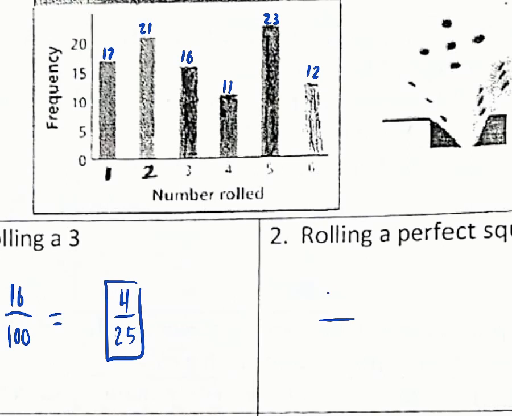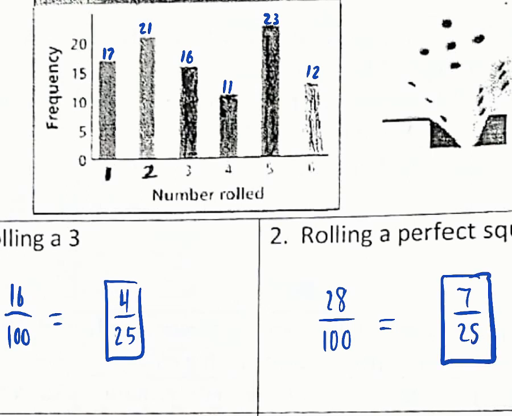So there's 28 perfect squares out of 100. So once again, it's either 28%, if you like that, or if it's a fraction that we reduce, that's 7 over 25. What percentage is it? It'd be 28%. You see how it's over 100? It's exactly that, because percent is out of 100.